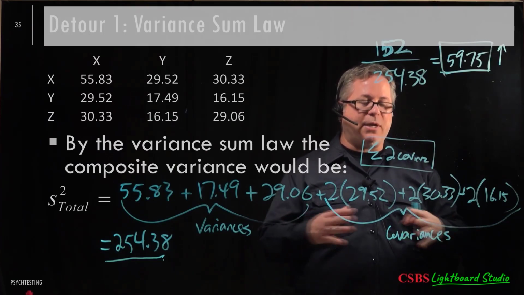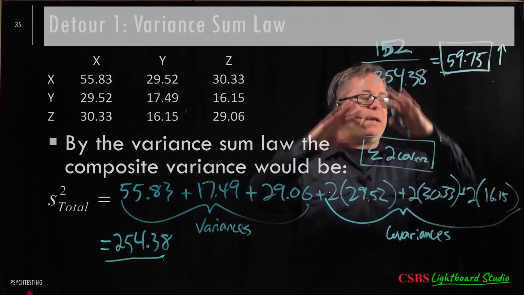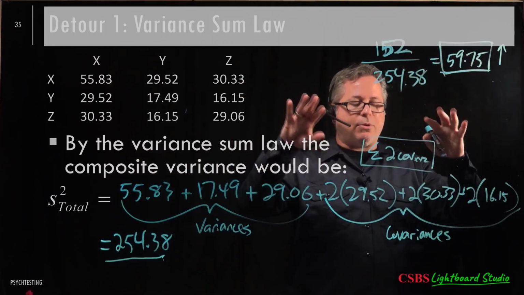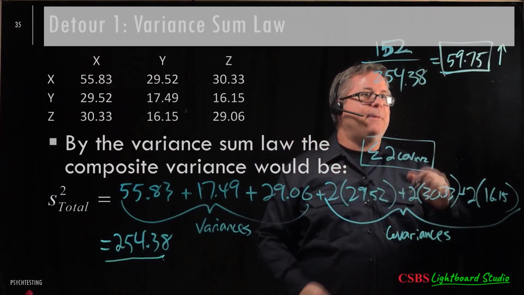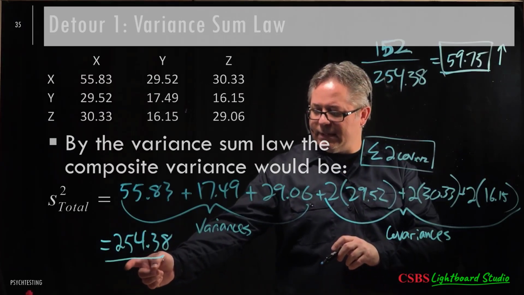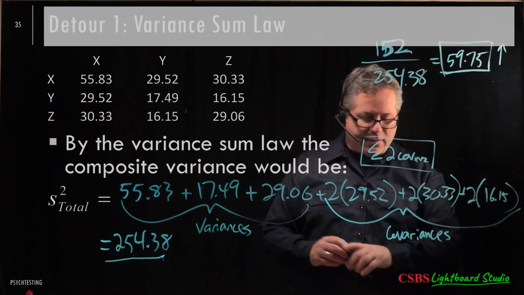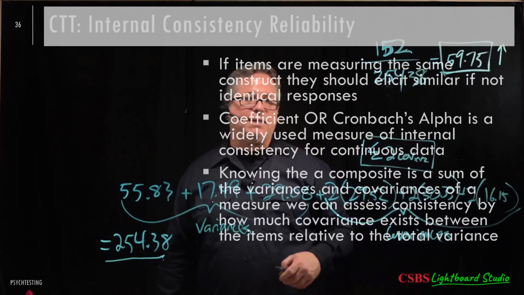Obviously, more items are going to have more covariance, larger variance. So we need to think about how to control for the number of items and a couple other things. But this basic idea of what is the proportion of the total variance in the composite that is due to covariance is what led down the road to the Cronbach's alpha.